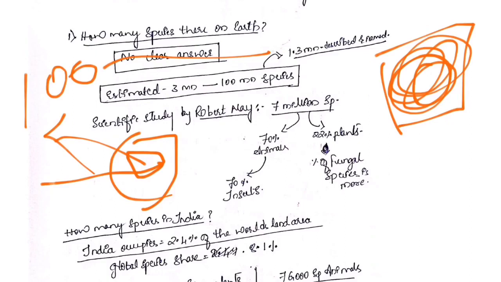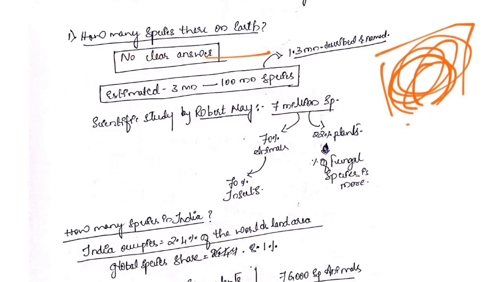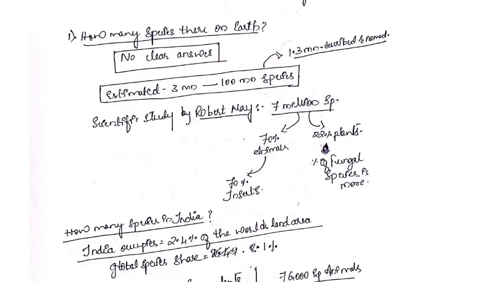So it is a bit complicated to study or estimate the total number of species. We cannot say that only this number of species is present on this earth. We can just estimate, and it all becomes a guess. We cannot get a definite answer, but still it has been estimated that nearly 3 million to 100 million species are there.